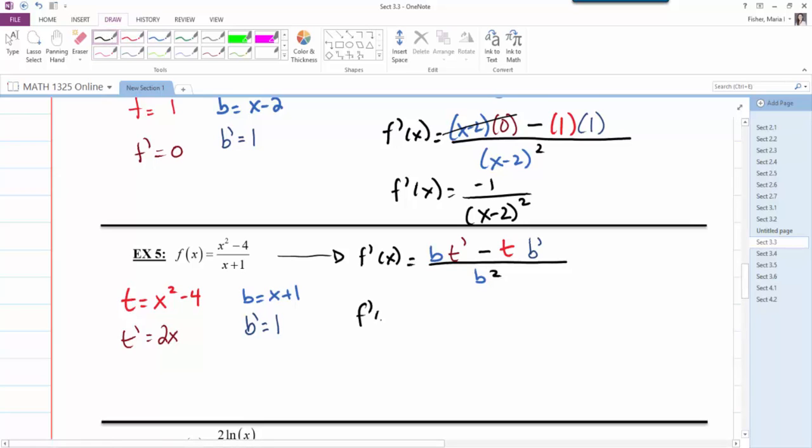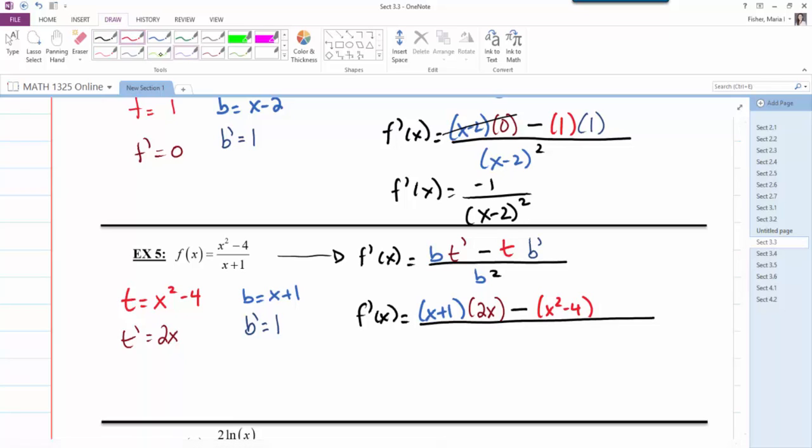So plugging in, we get x plus 1 times 2x minus, the top is x squared minus 4, times 1, all over x plus 1 squared. So let's go ahead and distribute the numerator and combine like terms.